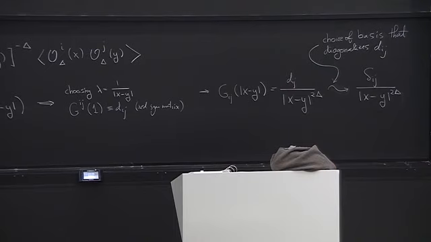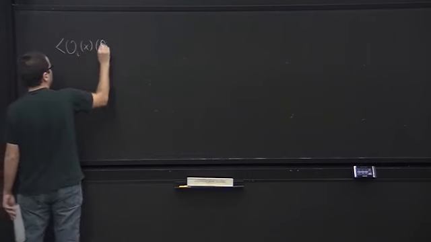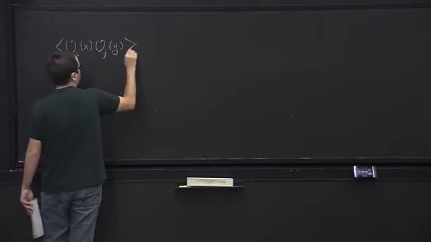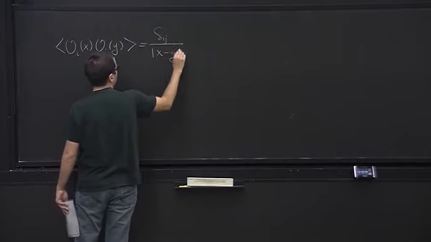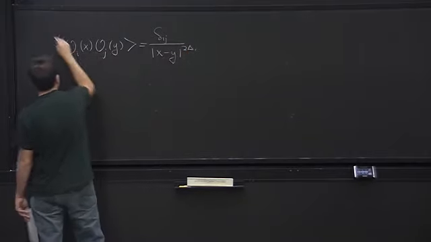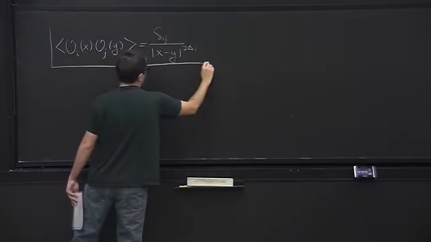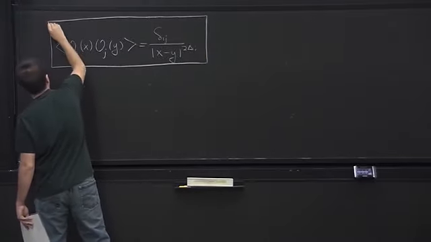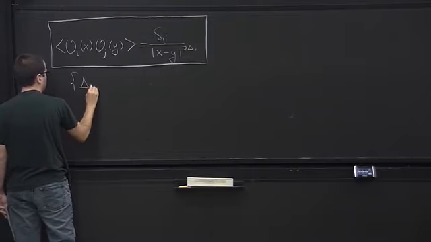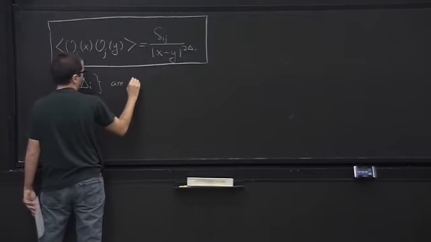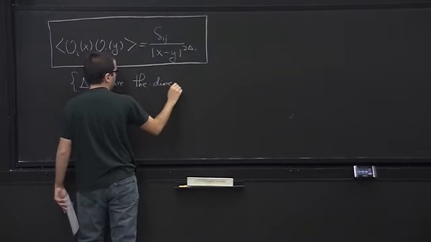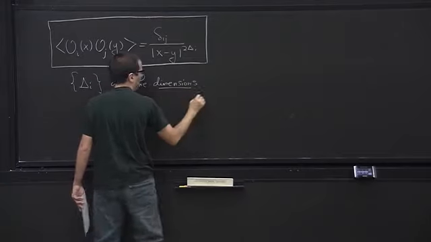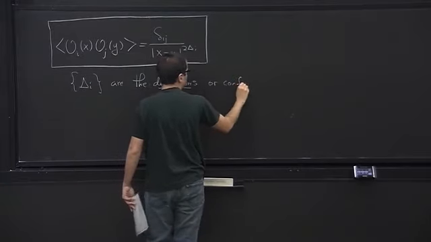Okay, so the conclusion that definitely deserves a box is that for OI of x, OJ of y, you can always find a basis of operators such that all you have is a power law with some coefficients delta I, which are called the dimensions or conformal weights.